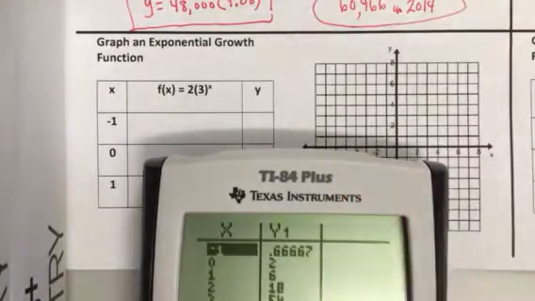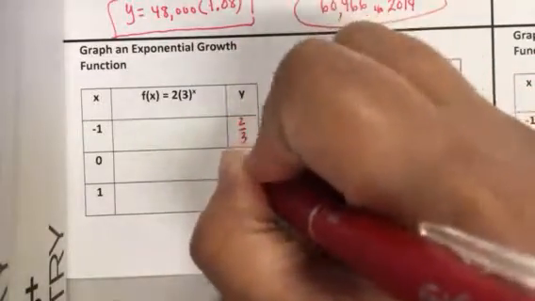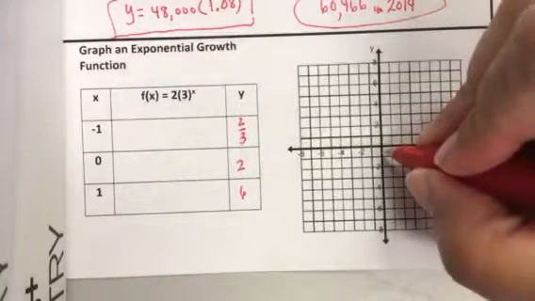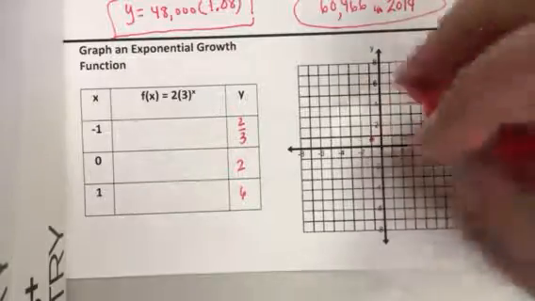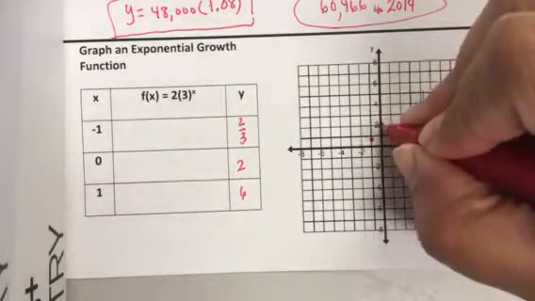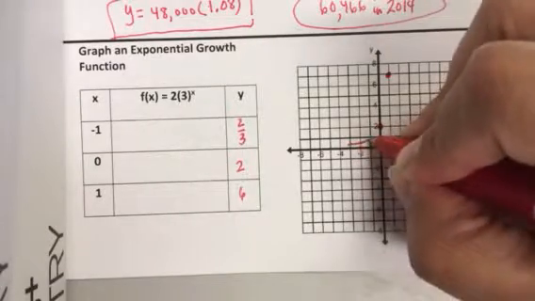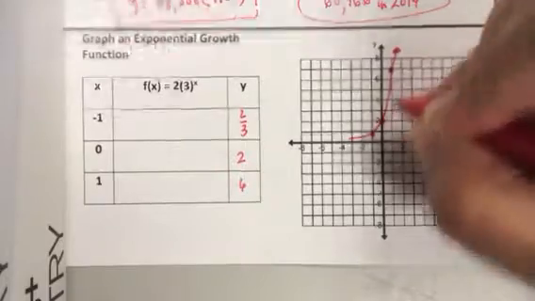Then we have 2 and 6. So I have 2/3, 2 and 6. Now I'm going to graph those points. At -1, 2/3, not quite 1, but pretty close. At 0, 2, and at 1, 6. And again, it's a growth, so we know it's increasing.